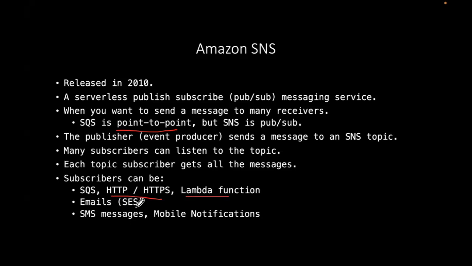So as messages are written to an SNS topic, if that topic has an SES subscriber, that will trigger the sending out of emails, however the subscription has been configured. Or you can have an SMS messaging subscriber as well. So lots of options available to you on the subscription side.